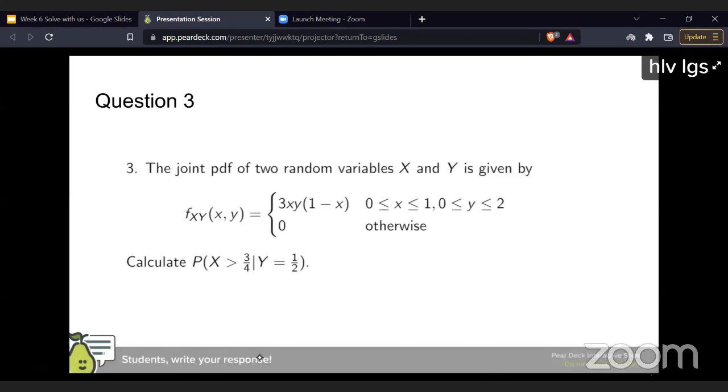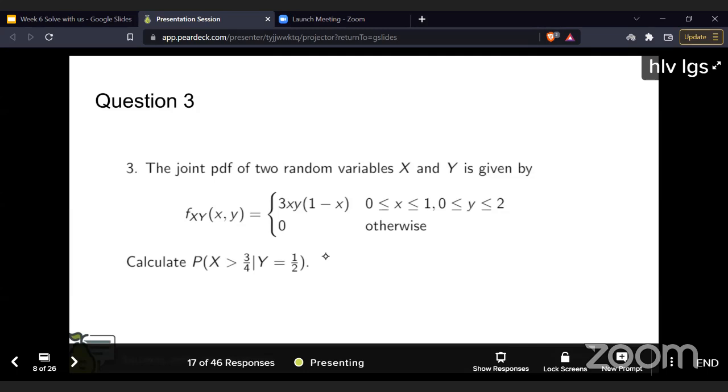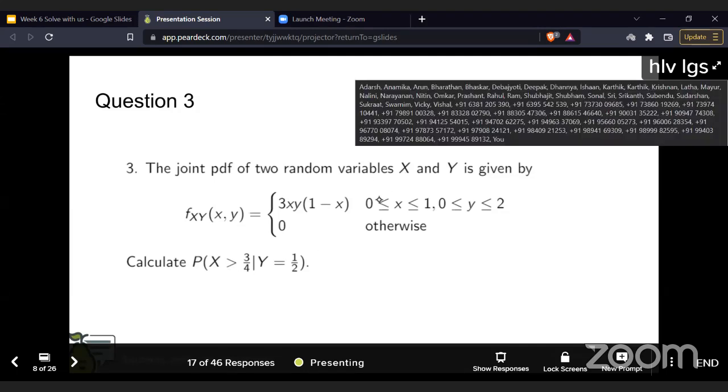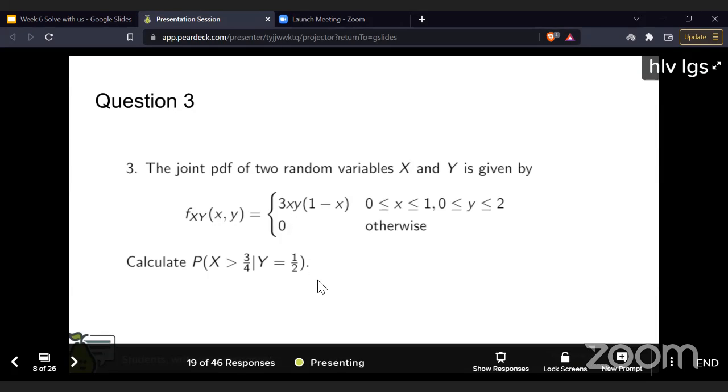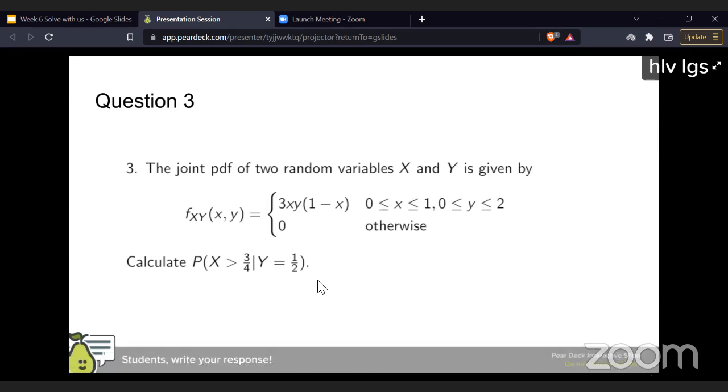Okay, so what is it that we have to find here? You have to calculate the probability that x is greater than 3 by 4 given y is equal to 1 by 2. This is a basic conditional probability, right?